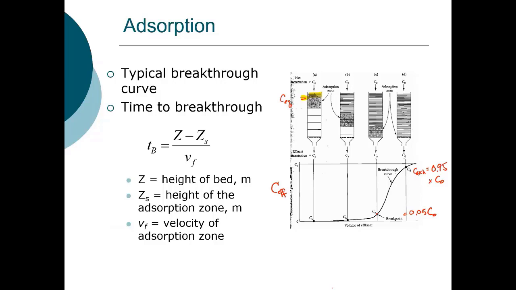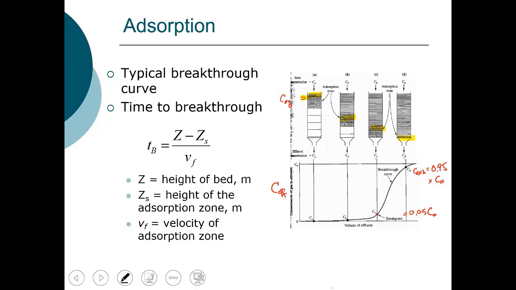Over time, that adsorption zone moves down the column. So you can see it here. It shows now the adsorption zone here. It's moved down the column. It's moved further down the column. And eventually, it moves out of the column. So eventually, if we run this column long enough, then the concentration leaving would be the same as the concentration entering. Okay, so we've exhausted all the capacity.